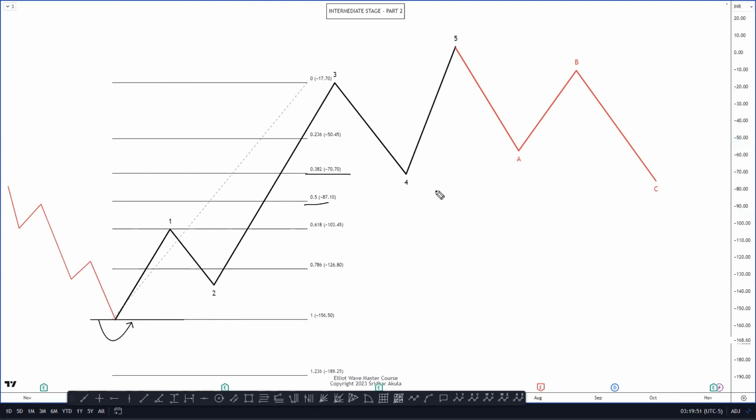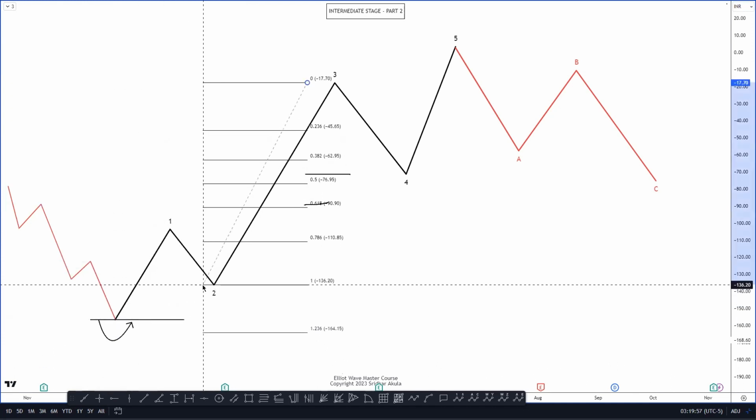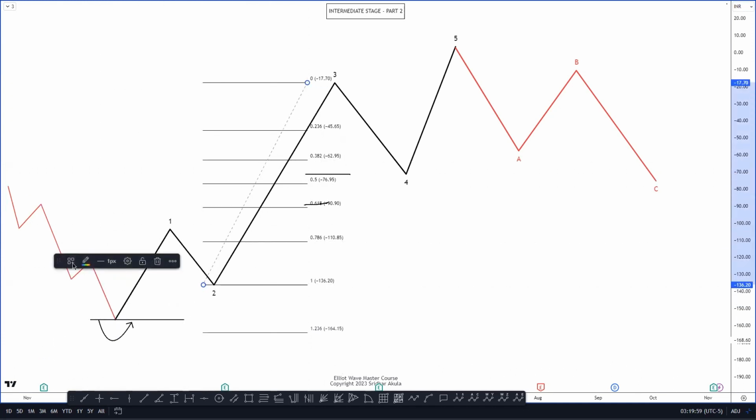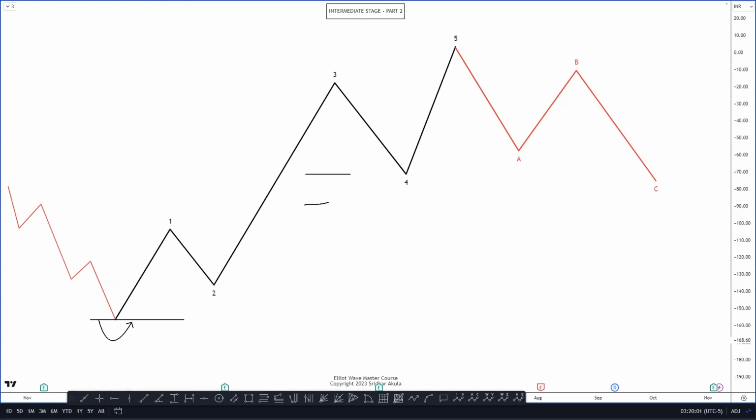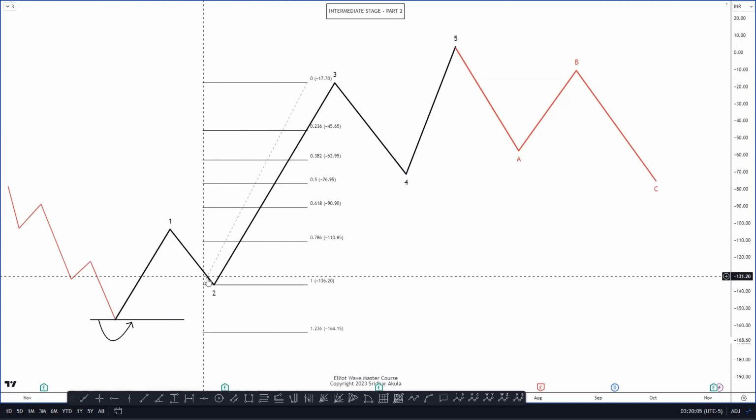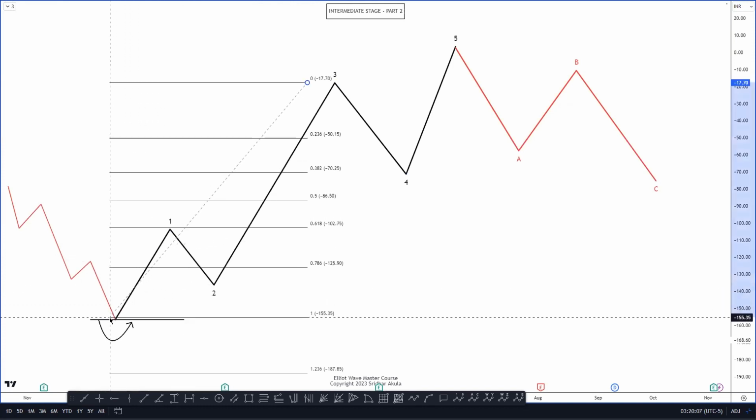So there are two methods for wave 4. You can calculate using 38 to 50% of wave 3, or you can use 38 to 50% retracement of the entire wave.